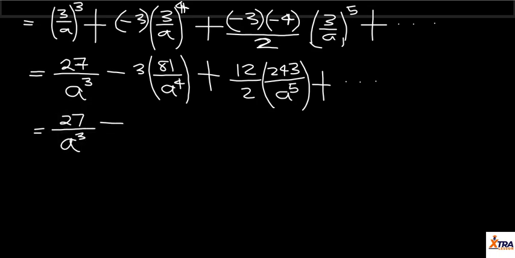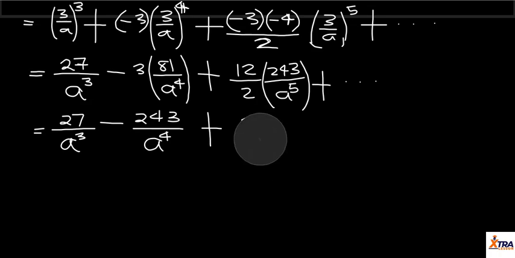This equals 27 over a cubed minus, 3 times 81 gives me 243 over a raised to power 4, plus then we have 12 times 243, which gives us 2,916, divided by 2, giving us a value of 1,458.